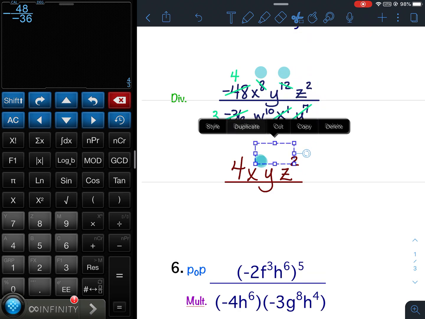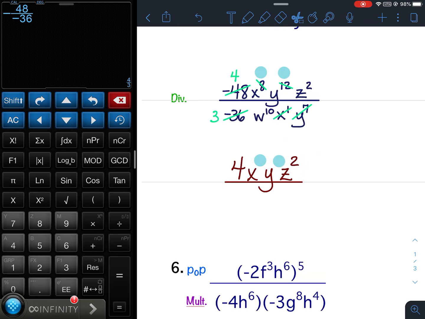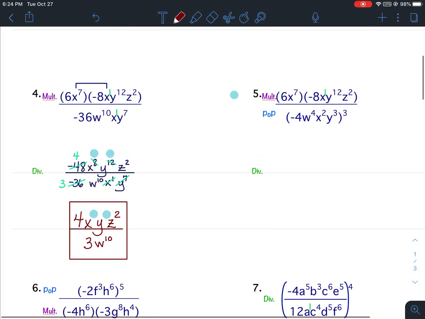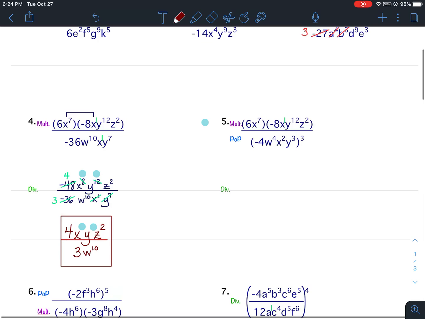Put those answers there and there. And then on the bottom, we have 3w to the 10th. So you need to finish that problem yourself. Okay? If you have any questions on 1 through 4, please let me know.